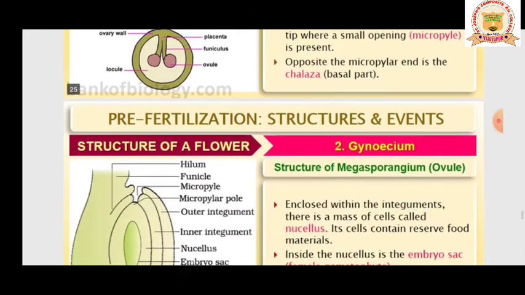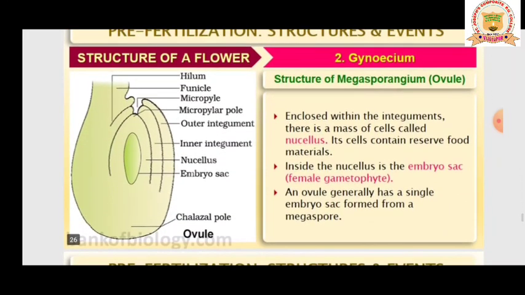Can you see the clear structure of the complete ovule? Have a look at the hilum, funicle, micropyle, and two integuments, the protective layers, outer and inner. Then comes the nucellus, then the embryo sac, and opposite the micropyle there is the chalazal pole.